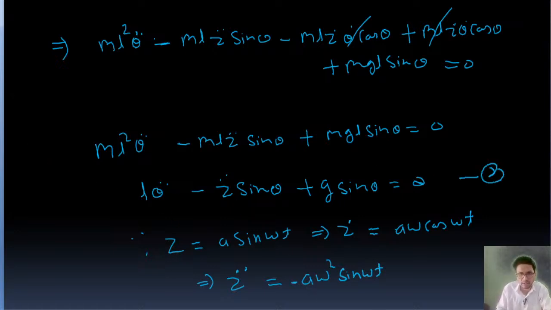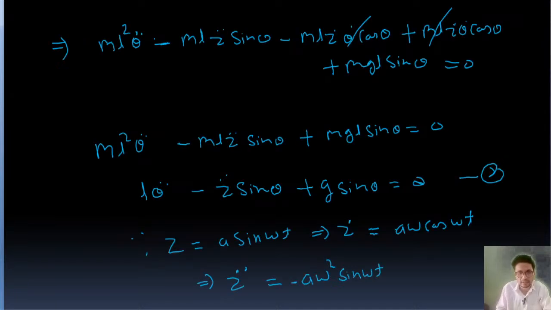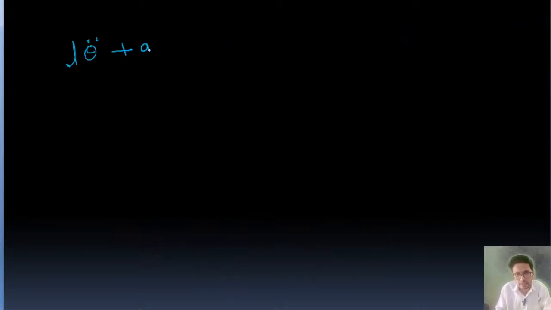Then this equation is going to be l theta double dot minus z double dot sin theta, where z double dot is minus, so minus minus plus: a omega square sin omega t sin theta. We have just put the value here.